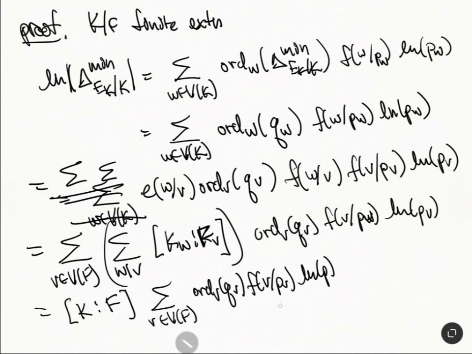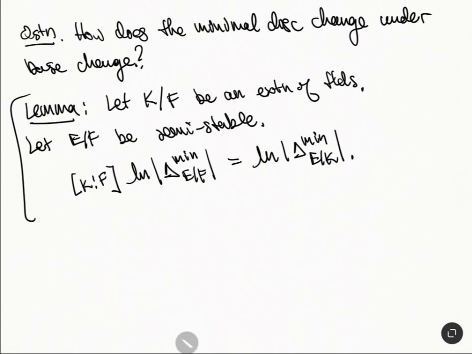So this whole thing is the degree of K over F times the natural log of the minimal discriminant of E over F. Okay, so that gives us the formula that we wanted to show.